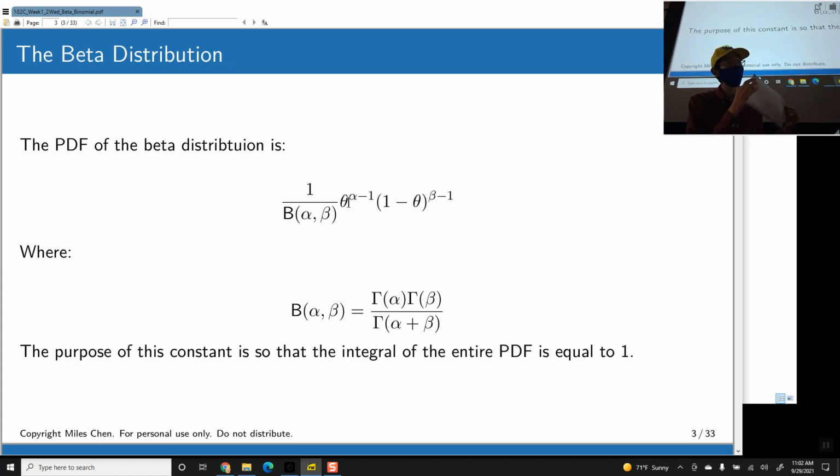And the question is, what is the proportion of blue marbles inside the pouch? It's some percentage or proportion between 0 and 1. That's the variable we're trying to model.